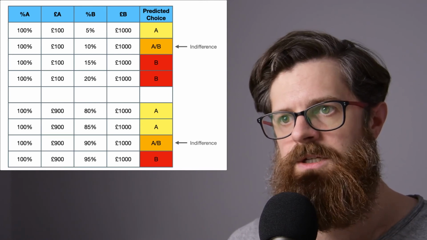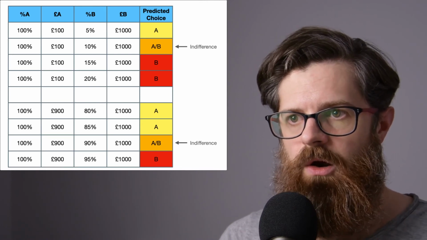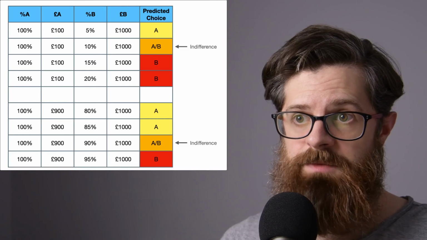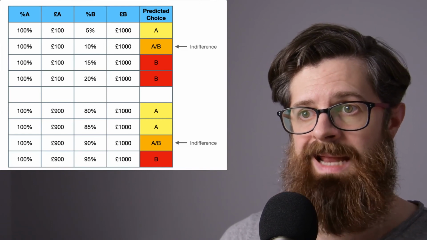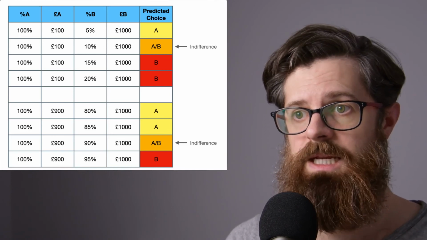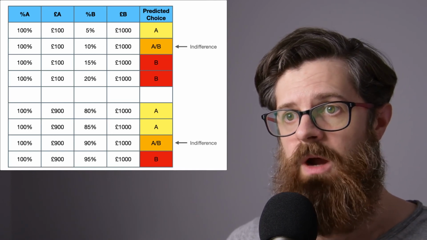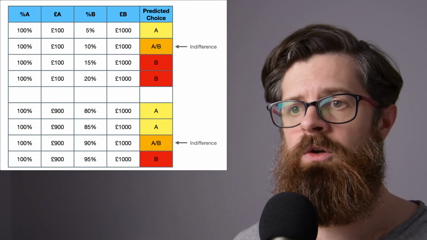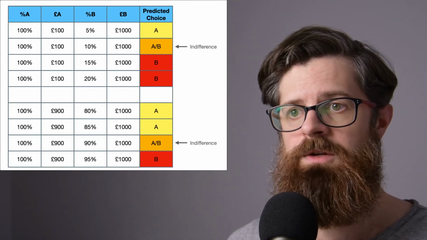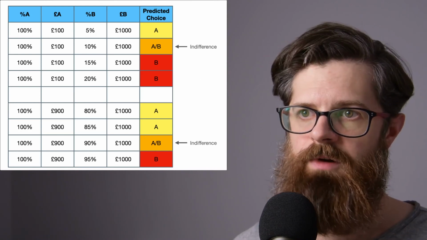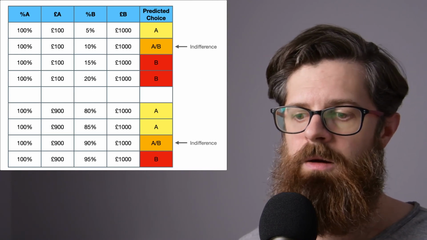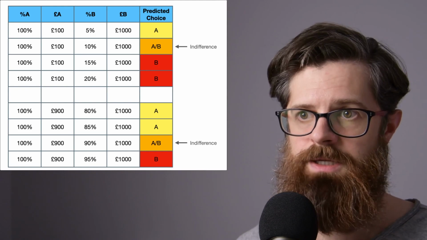So that's just a quick run through of the expected value theory and how it works and how you might evaluate expected value theory. I haven't said anything about whether this is a good or a bad model when you empirically test it against people, but I've tried to give you a flavor of how you might actually make these predictions in the first place.